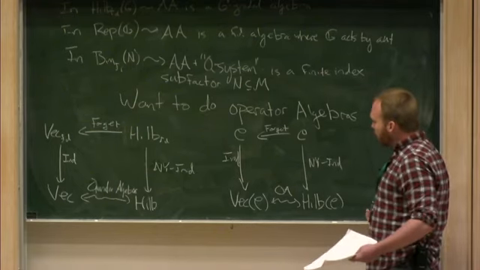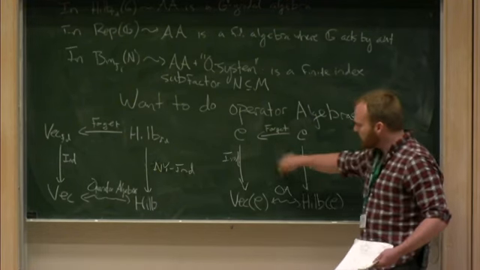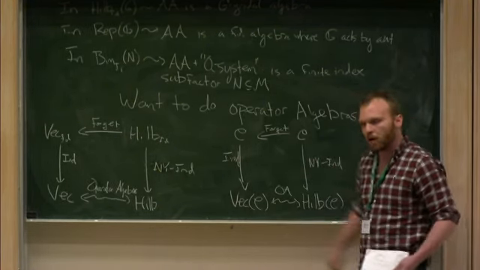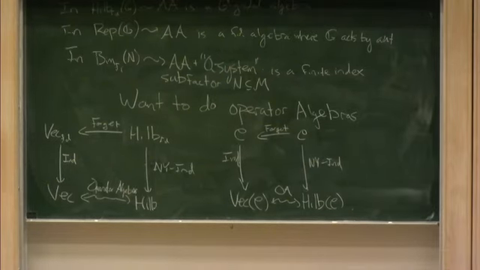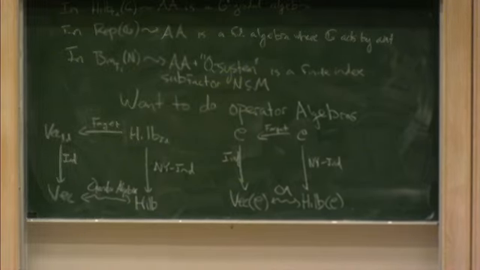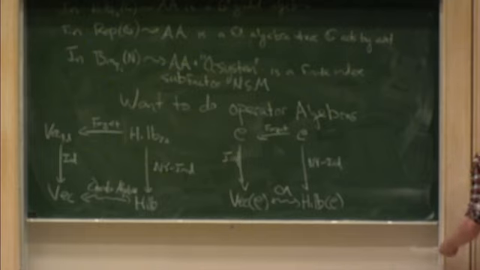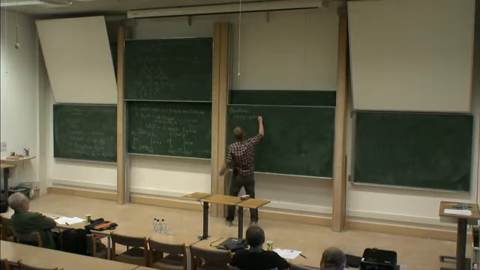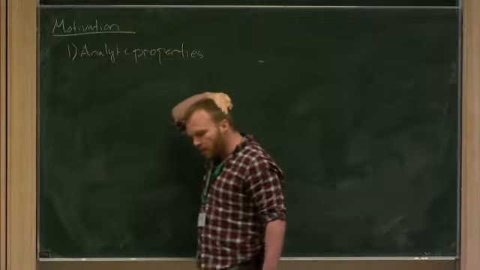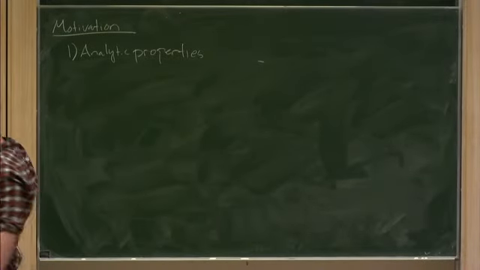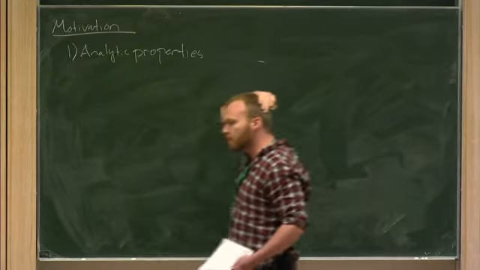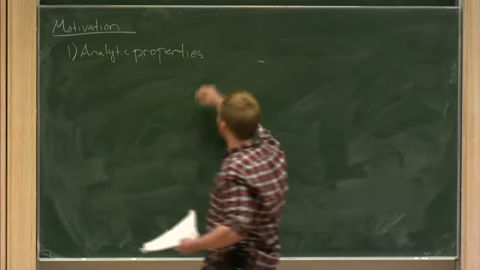But before I go into what you do and how you actually define a C-star algebra object here, maybe some motivation is in line so that we're not just generalizing for the sake of generalizing. Okay. So some motivation. Analytic properties. And by analytic properties, I mean things like amenability, property T, the Haagerup property, and things that you're familiar with from groups, from their unitary representation theory.